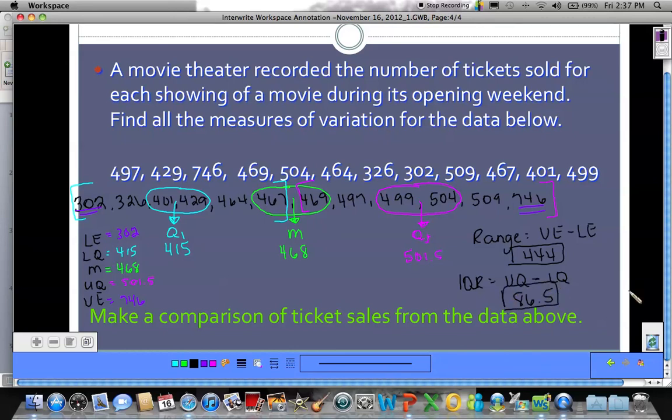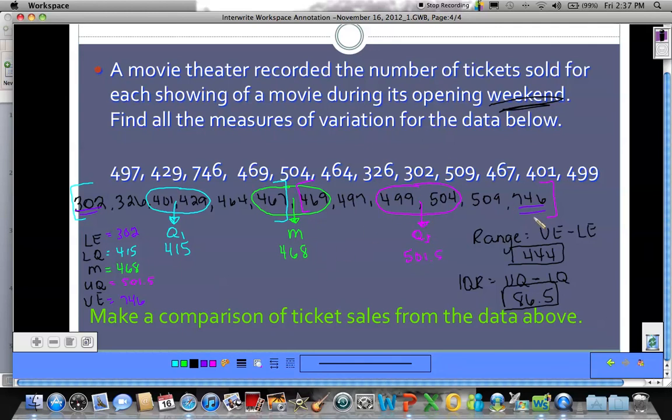And then it says, make a comparison of ticket sales from the data below. Now, it's important to remember that this was the number of tickets sold for each of the movies during the opening weekend. So not just one day, but the whole weekend. So what I can conclude from this information is that the median, the middle number of tickets sold for the weekend, was 468.